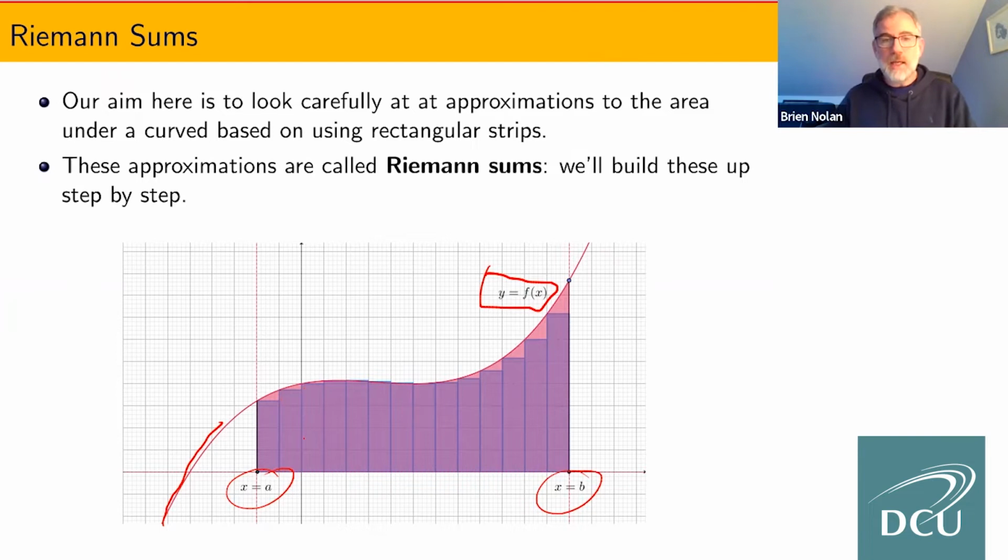The basic idea is that we can approximate this area by a sequence of rectangles. Areas of rectangles are really easy to calculate, so this is a good practical way of calculating that area, or certainly of approximating it. And that's the task now, to understand exactly how this approximation is built up. What are the different elements to it?